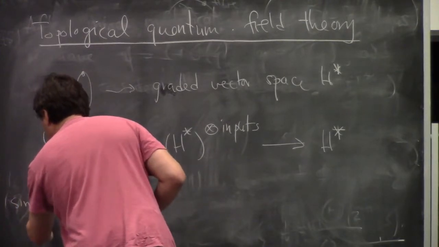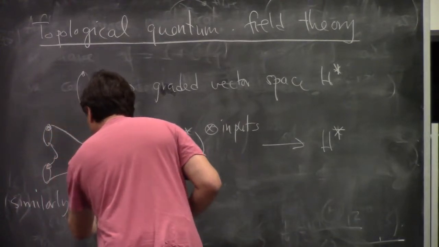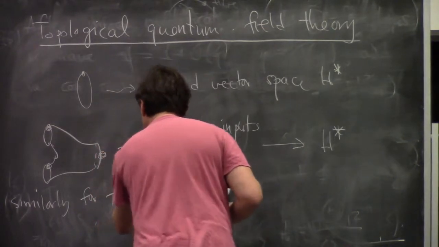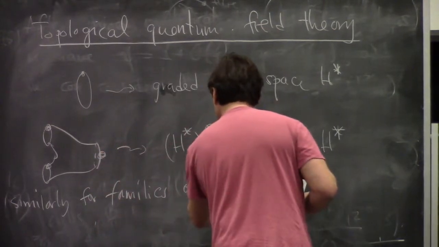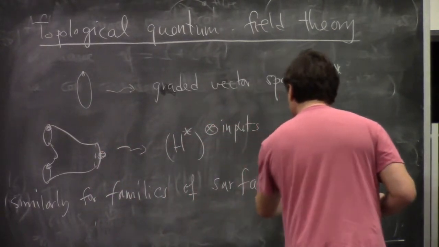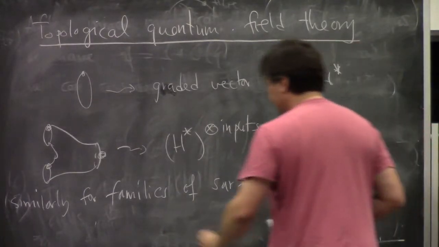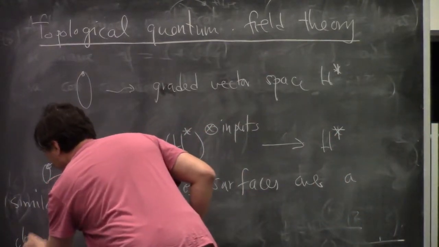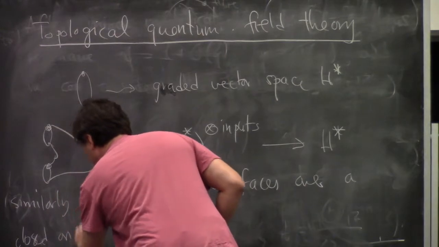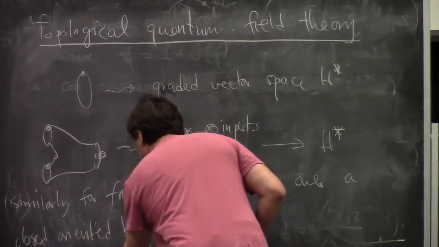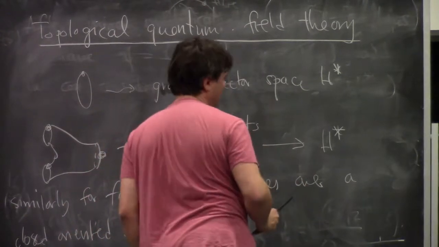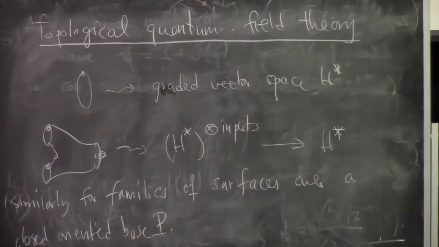And similarly for families of surfaces over a closed oriented base P, so some real manifold, and you have some differentiable family of Riemann surfaces, all of this kind.